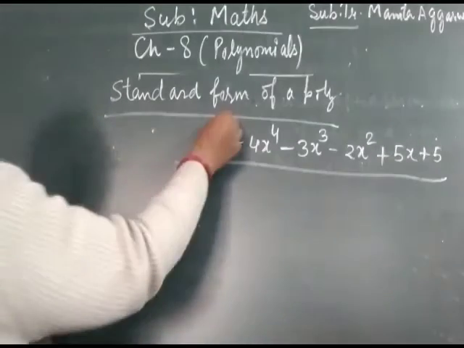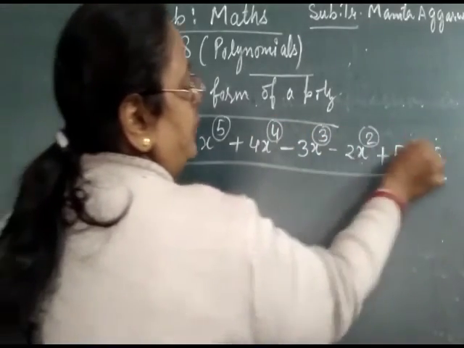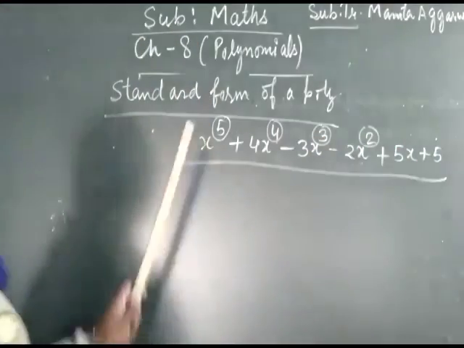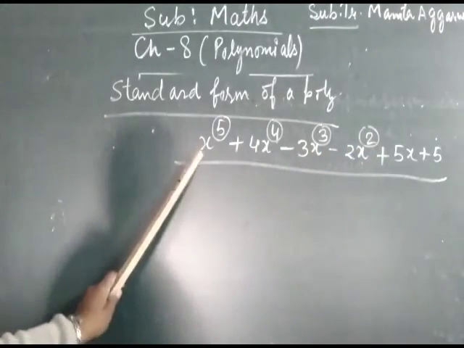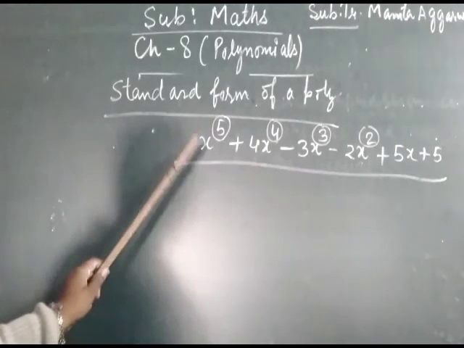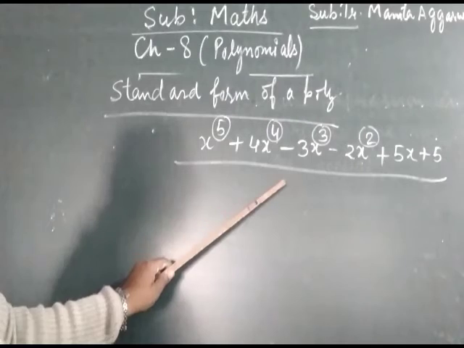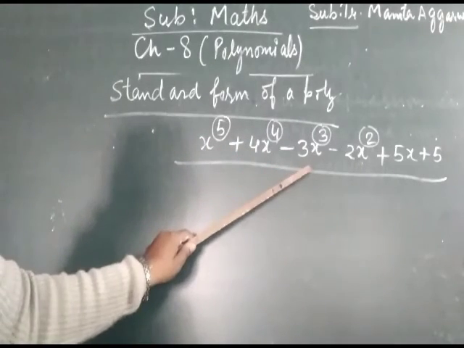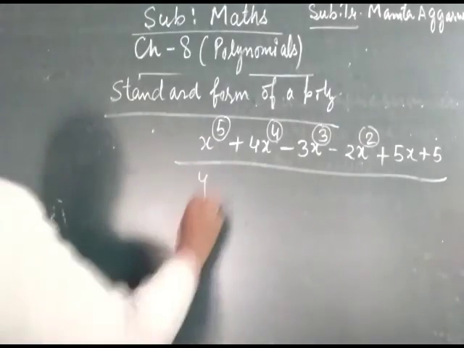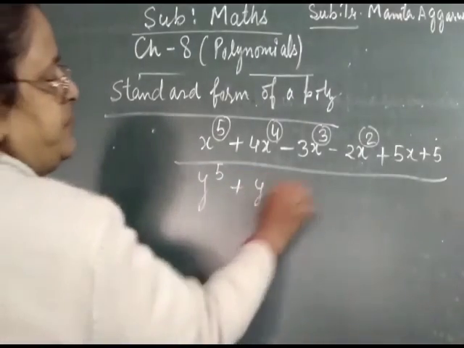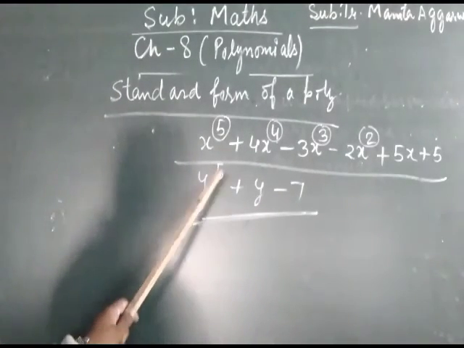Why? Because all the exponents are positive here and in the decreasing order of their power. So this is the standard form of a polynomial. We can take it in any variable, x or y. This is a polynomial in variable x of degree 5, or we can write it also as y power 5 plus y minus 7. This is a polynomial with variable y with degree 5.